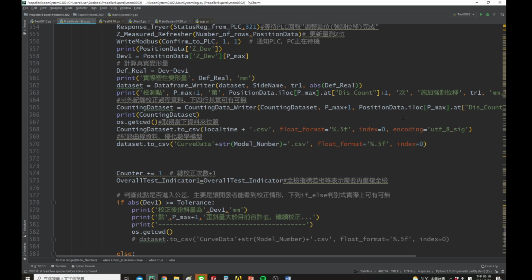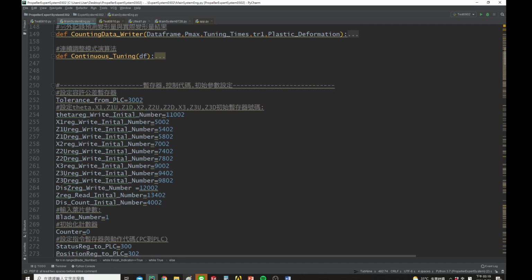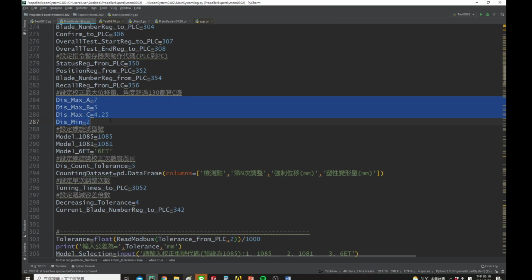That's why we set a maximum and a minimum displacement value here. We limit the displacement so it won't go wrong during the tuning, and the rest is the electric engineer's problem. So I think it's not that dangerous to crash the machine.